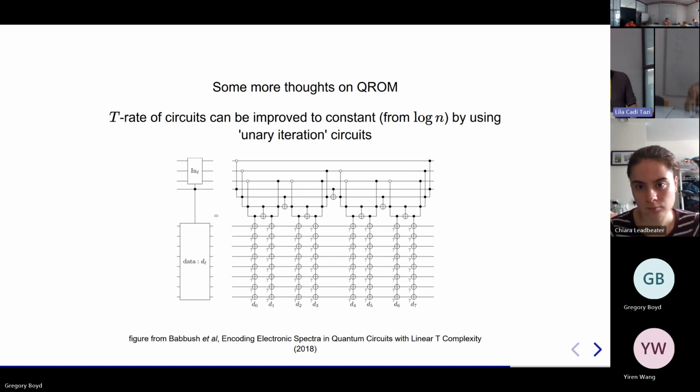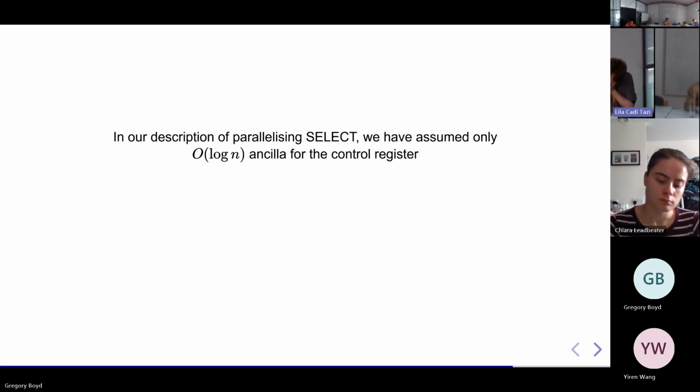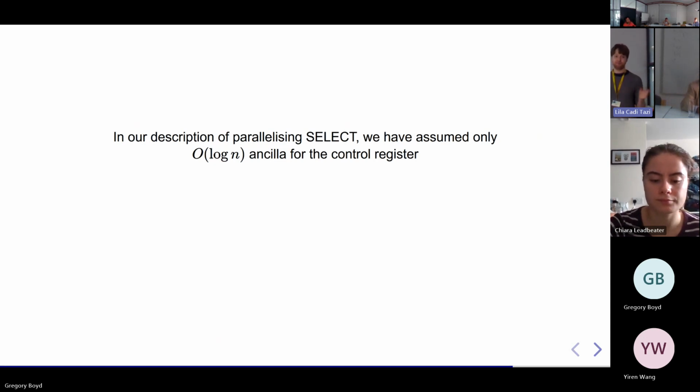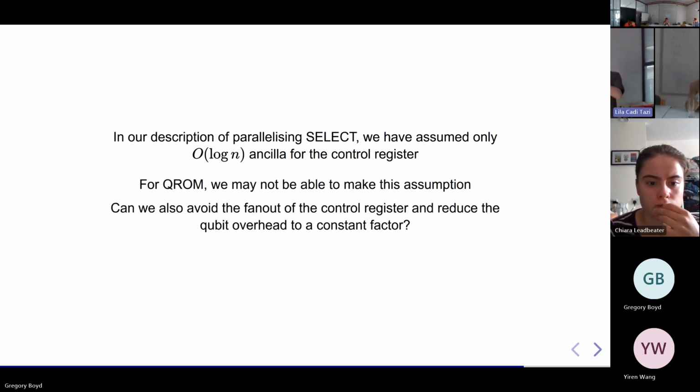Another point on QROM is that I earlier assumed that fanning out the coefficient register was fine, which is the case for physical Hamiltonians, because I know that there are going to be polynomially many terms, and so it's of log size. But for some QROM in the middle of some other algorithm, that may not be the case. Can we also avoid this using similar techniques?